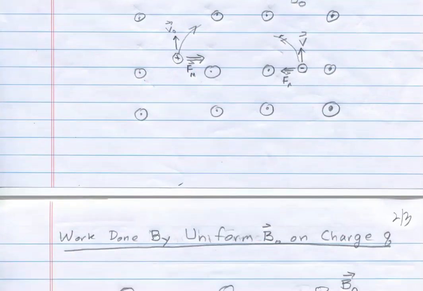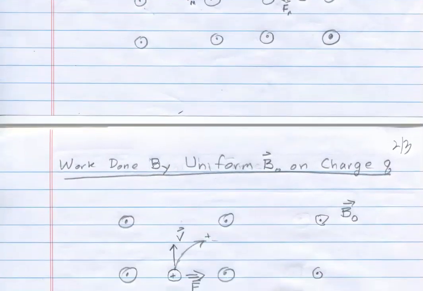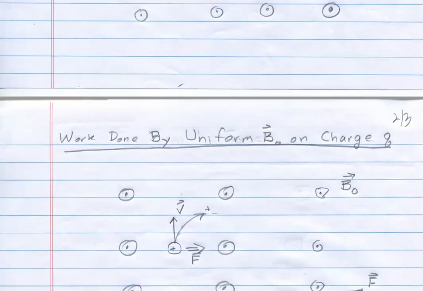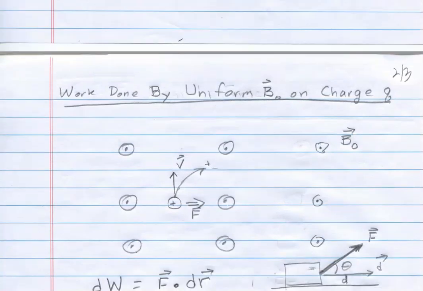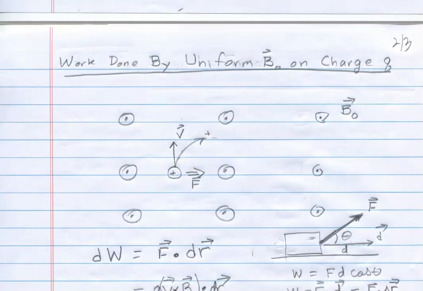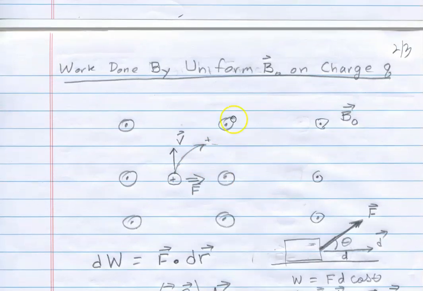Another peculiarity of uniform magnetic fields can be found by looking at how much work is done by the uniform magnetic field. I'll look at just the positive charge case. Negative can be done easily the same way.